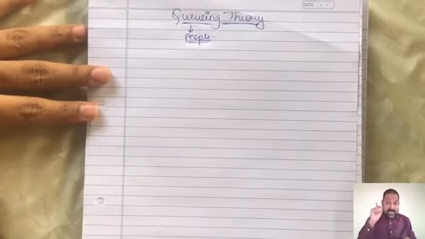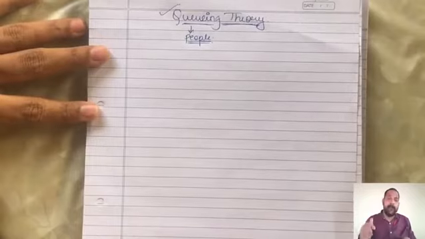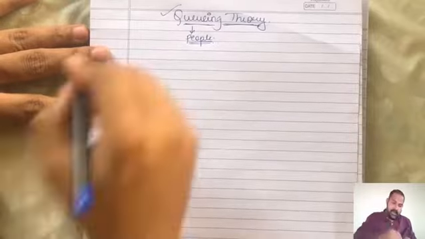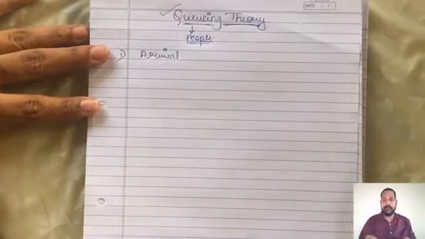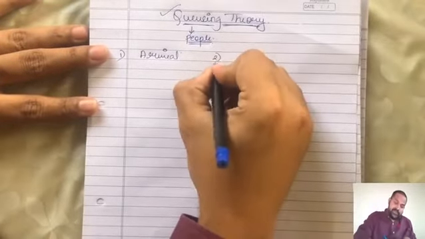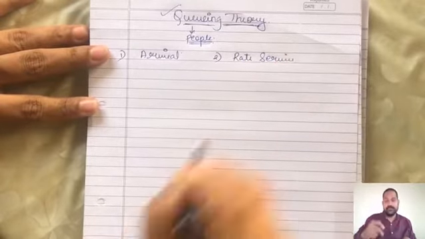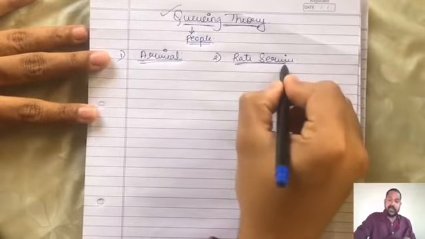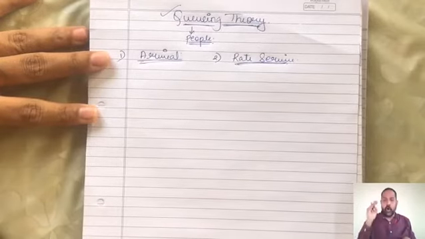So if you are into this kind of an industry where a queue is formed, there are two very important things that you need to know. Number one is the arrival of people, and number two is the rate of service. These two very important things will tell you everything you need to know about your organization's queuing system.